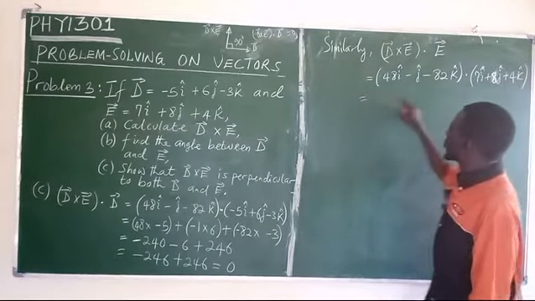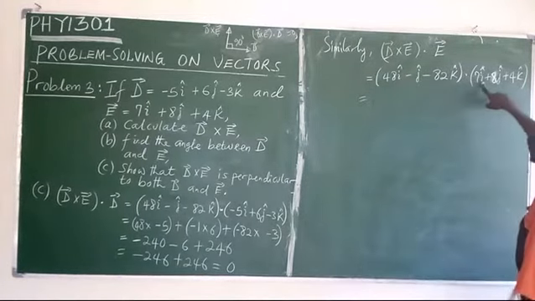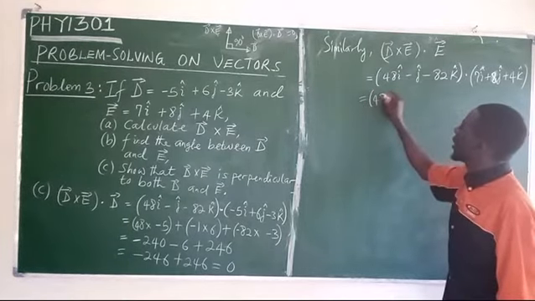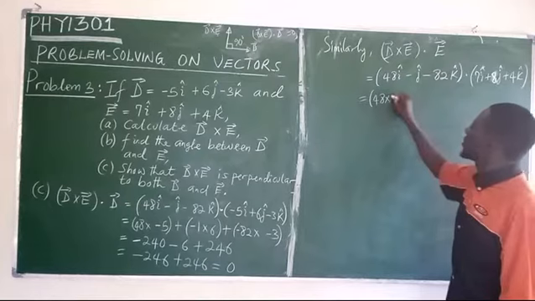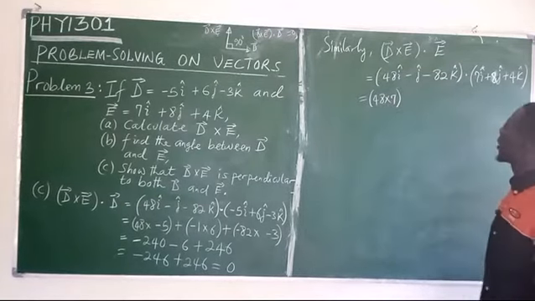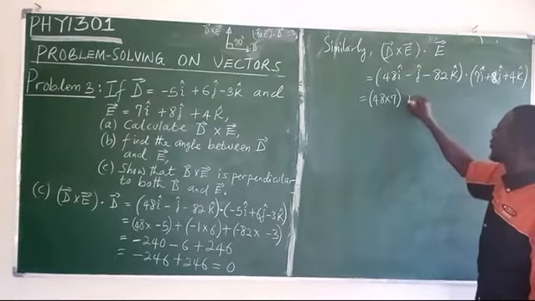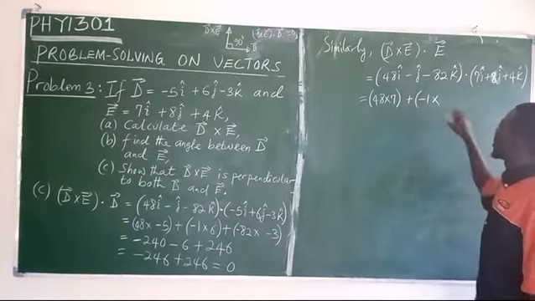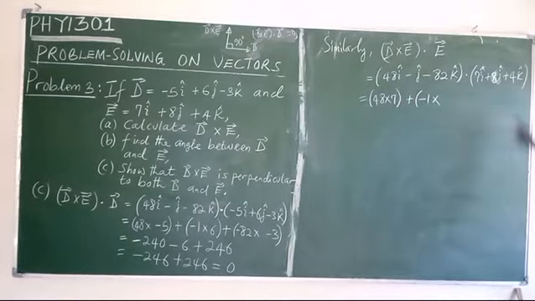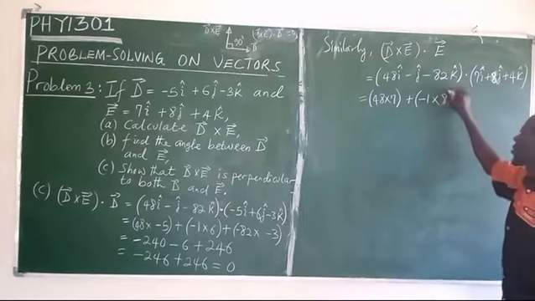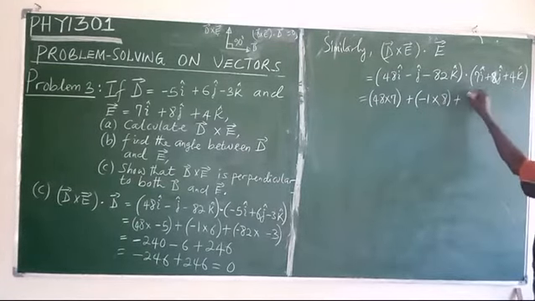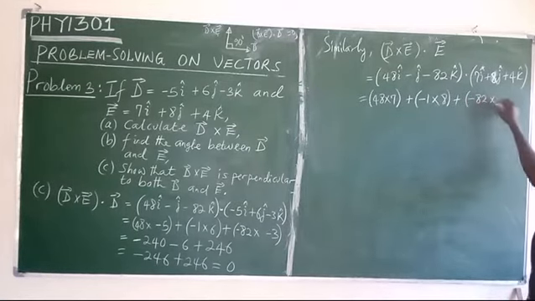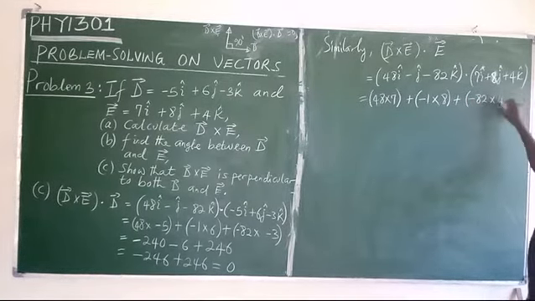As before, we'll take the coefficient of I here and the coefficient of I here and multiply them. So this will be 48 times 7, and we ignore the I, plus open bracket coefficient of J here -1 times coefficient of J here is 8, plus coefficient of K here is -82 multiplied by coefficient of K here 4.